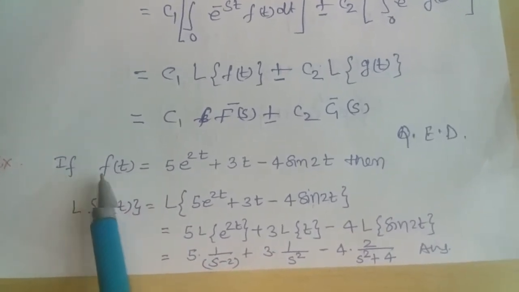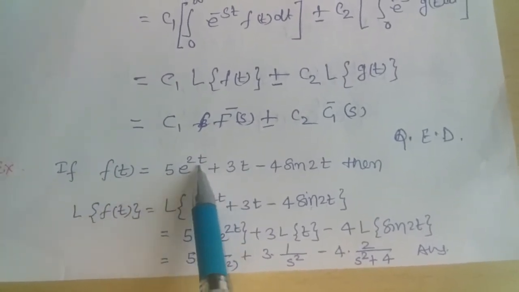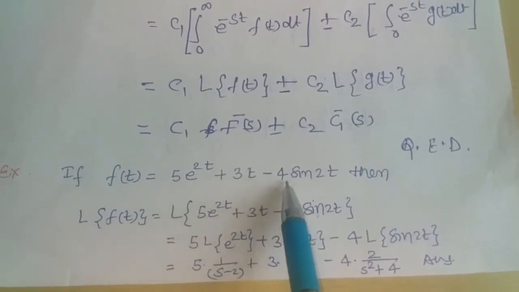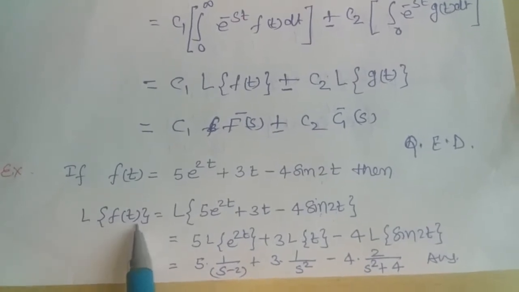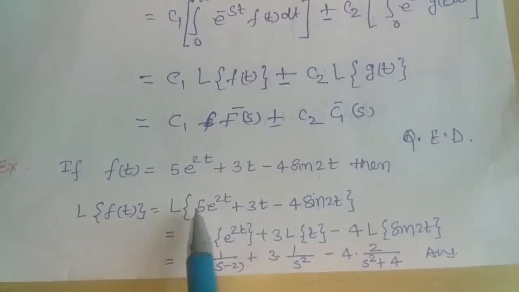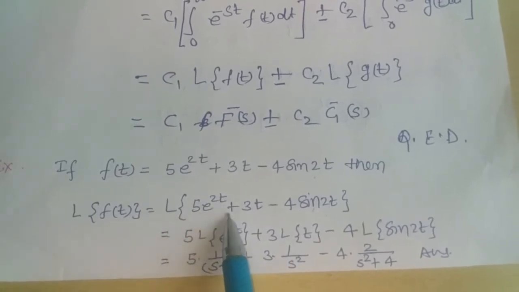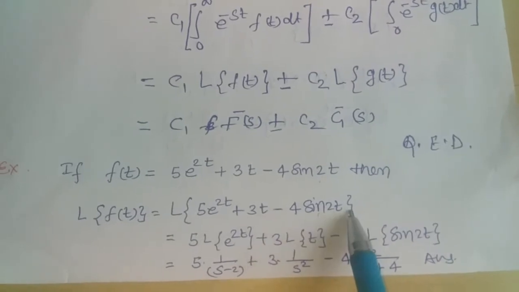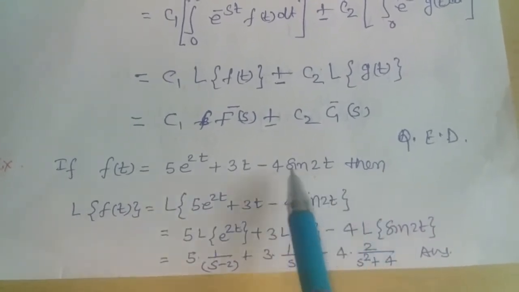Consider the example, where the function f(t) is 5 times e raised to 2t plus 3 times t minus 4 times sin 2t. Then the Laplace transform of f(t) is the Laplace transform of 5 e raised to 2t plus 3t minus 4 sin 2t. Now we apply the linear property in this expression.